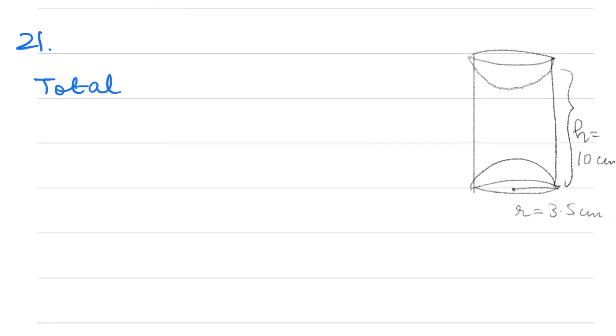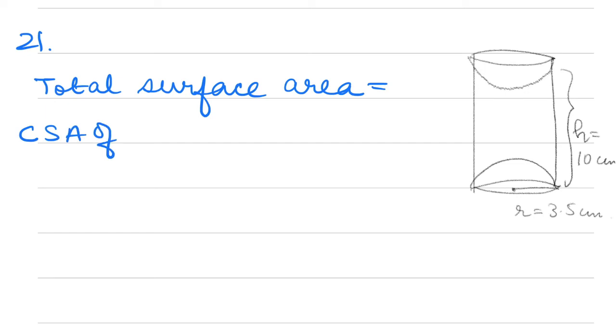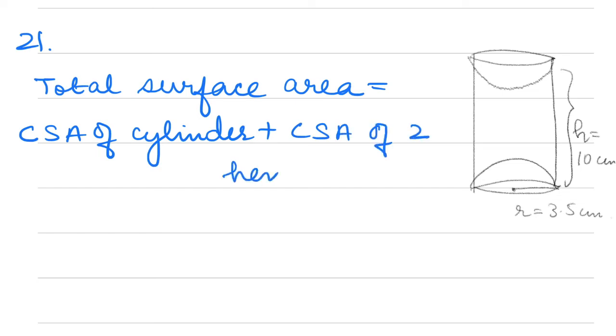Total surface area will be equal to curved surface area of cylinder plus curved surface area of 2 hemispheres of the same radius.